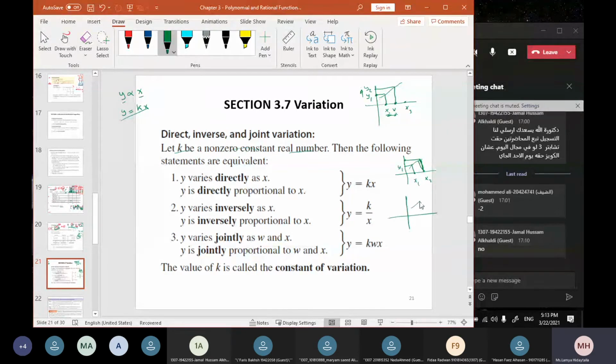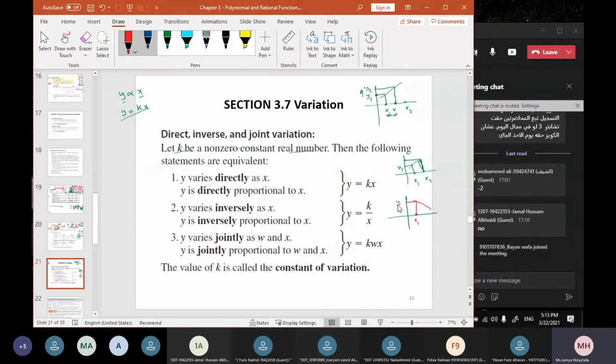What if it is like this? If this is x1 and this is y1, now this is x2.